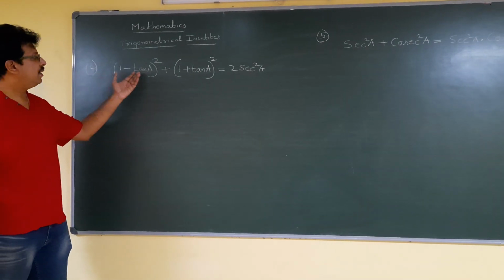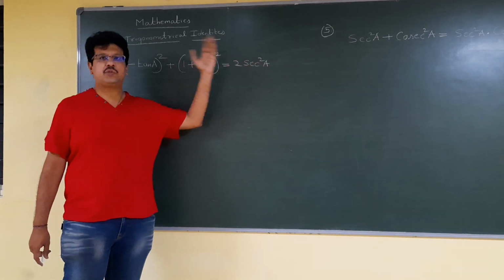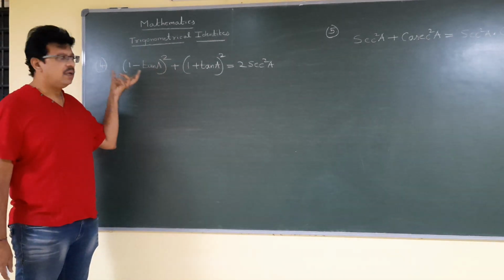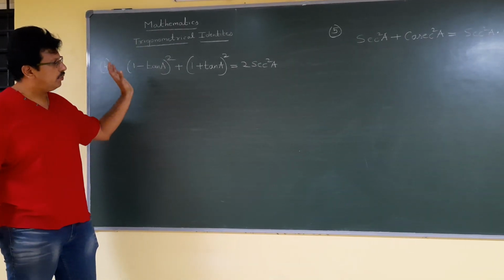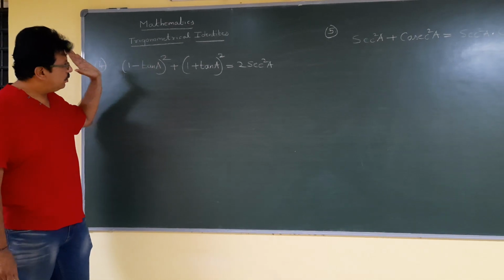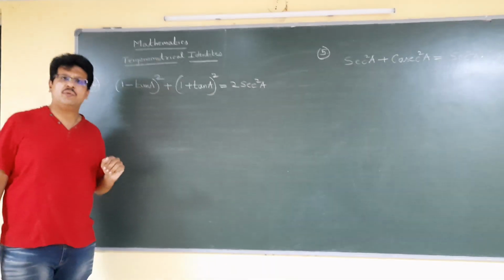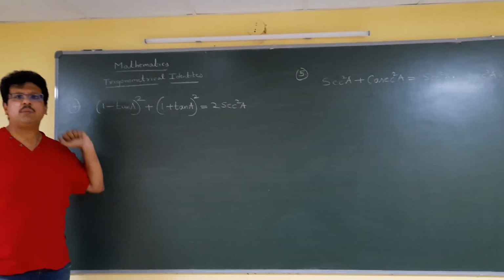So (1 minus tan A) whole square plus (1 plus tan A) whole square is equal to 2 secant square A. When you observe this problem very carefully, all of you children, whenever you get a sum, please observe, because in the board exam they give 15 minutes of reading time. In that reading time you have to observe these problems carefully.